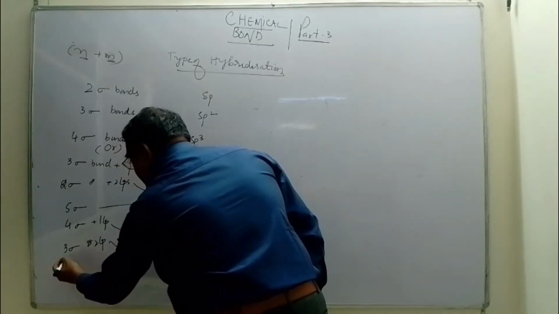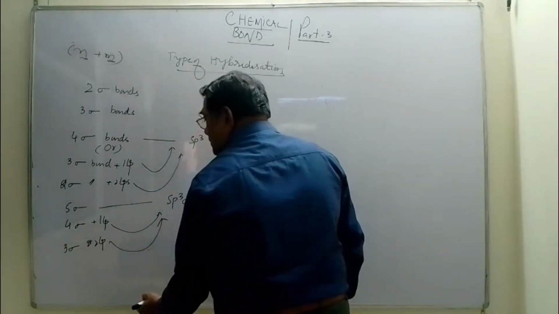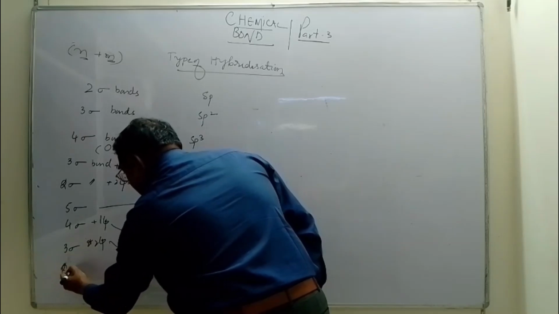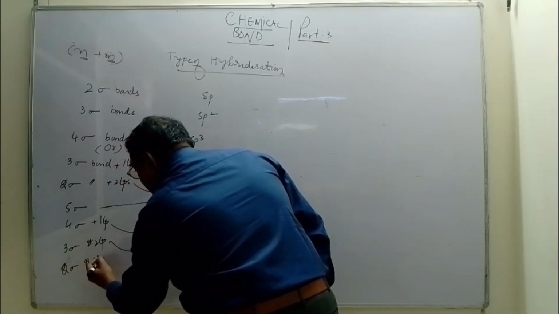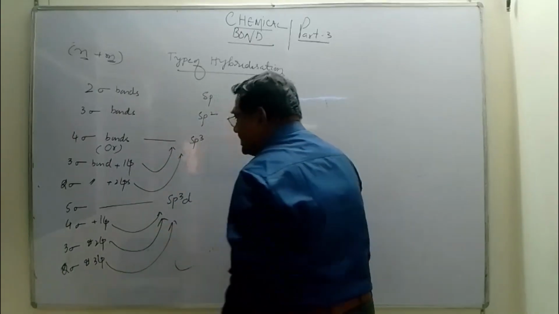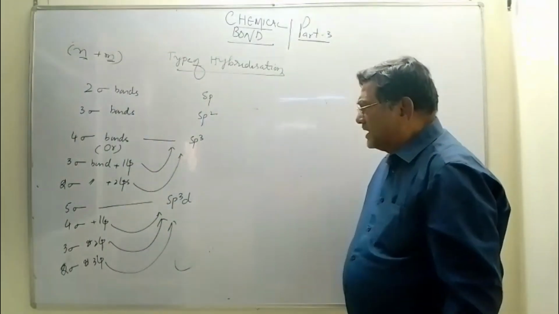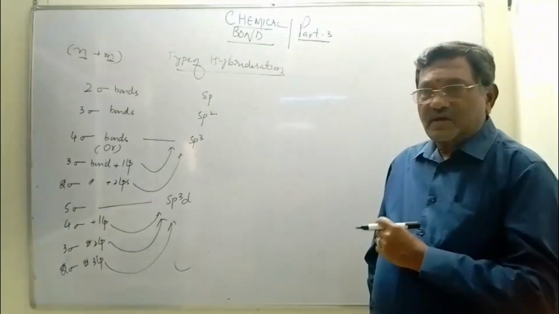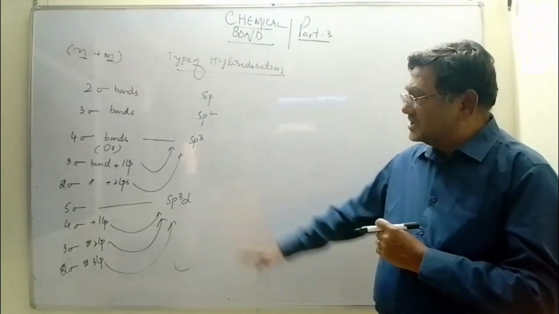And also 2 sigma and 3 lone pairs comes under the same. We are going to have an example for each and every category.